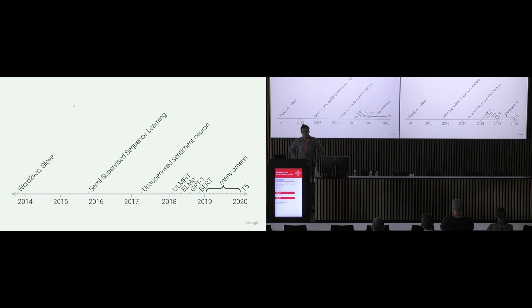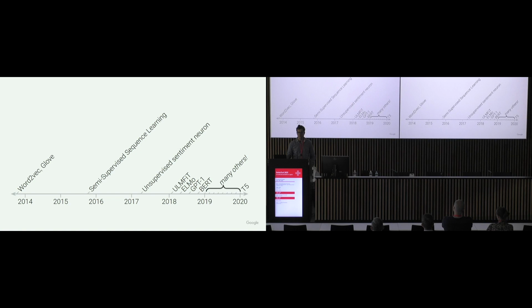This is a very simplified chronology of how these models evolved over time. We could say actual product-quality applications of neural networks in NLP started around 2014 with word embeddings. Word2Vec and GloVe were some of the earliest examples, and they were also trained unsupervised.